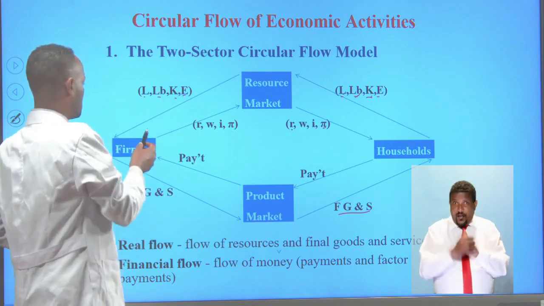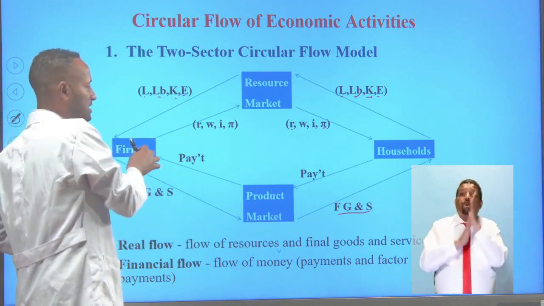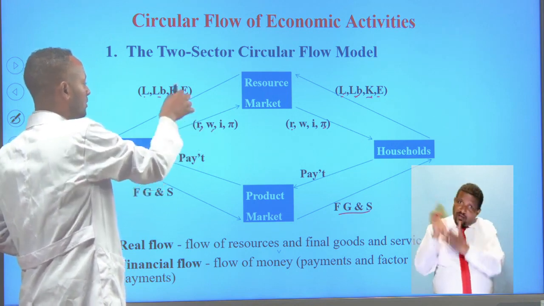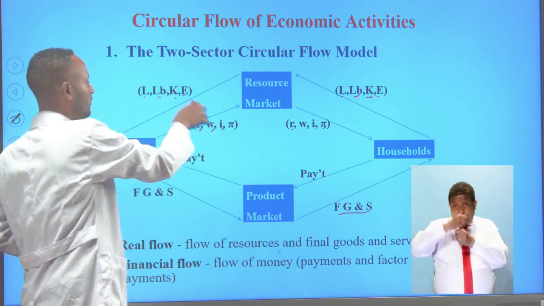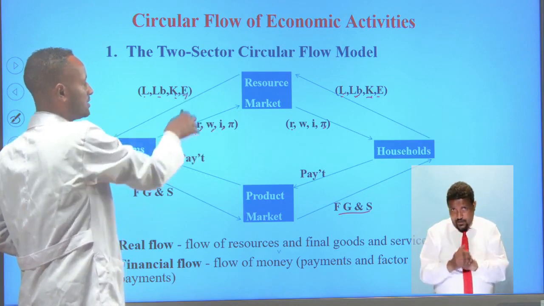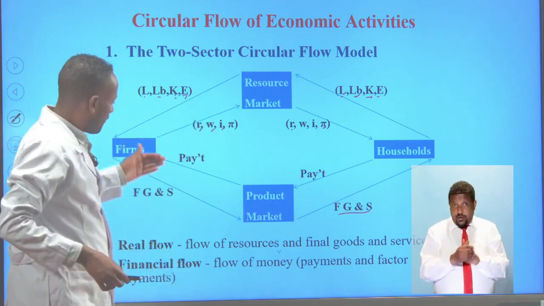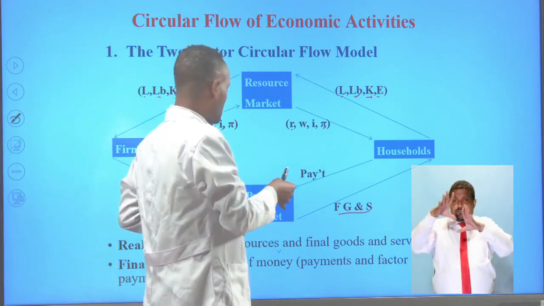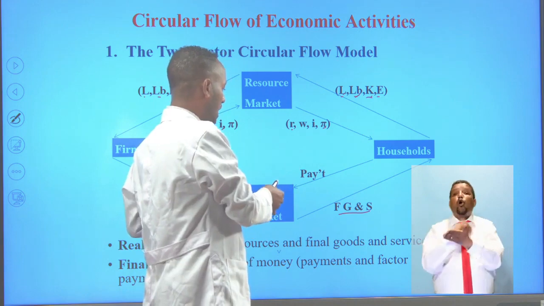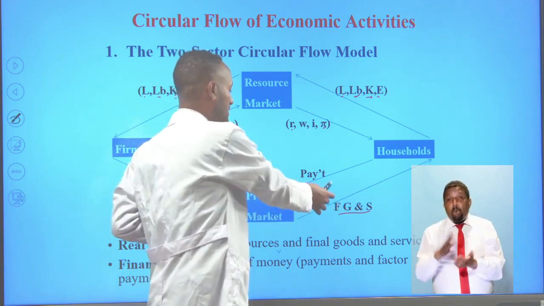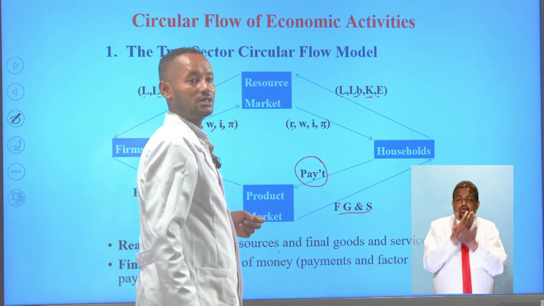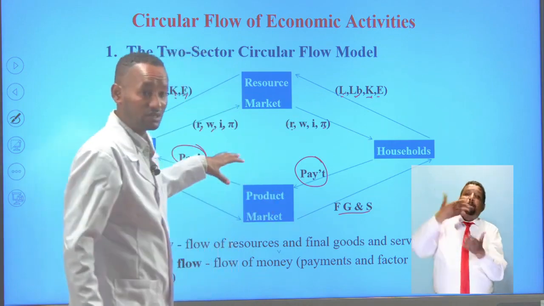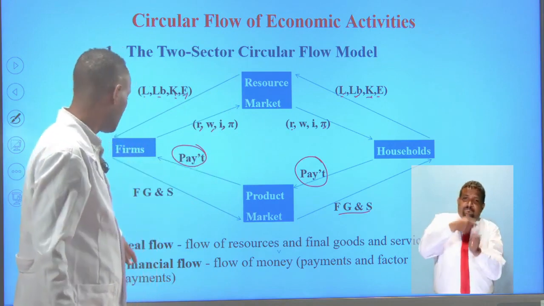When firms demand economic resources, they in turn make factor payments: rent for the land, wage for the labor, interest for the capital, and profit for the entrepreneurship. When firms offer final goods and services, they in turn receive payments. Again, in the product markets, when households buy final goods and services, they in turn make payments. This flow, the flow of money among the decision-making units, is called the financial flow.